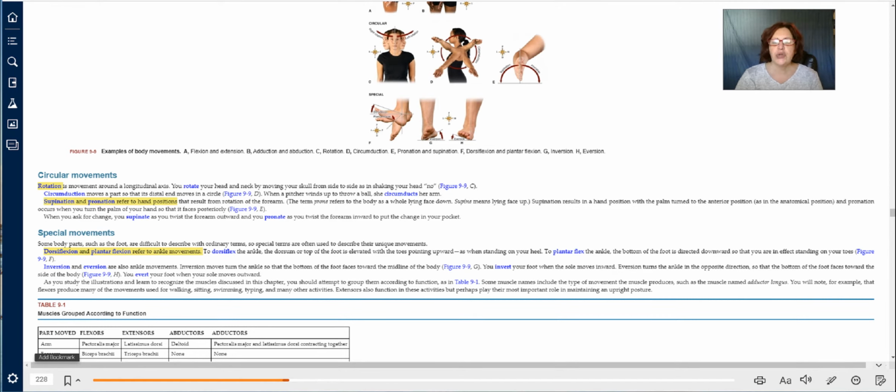Okay, so supination and pronation. We are talking about the hand. Supination and pronation has to do with whether your hand is palm up or palm down. When we talked about body position, supine means to lie on your back, on your spine.